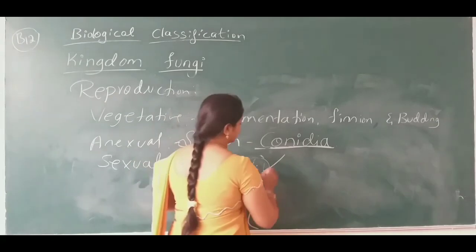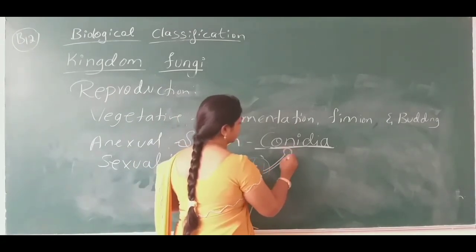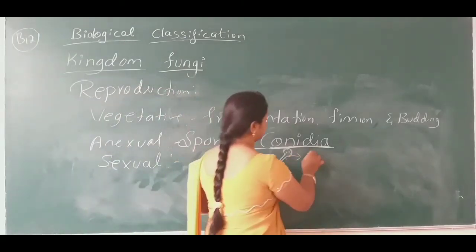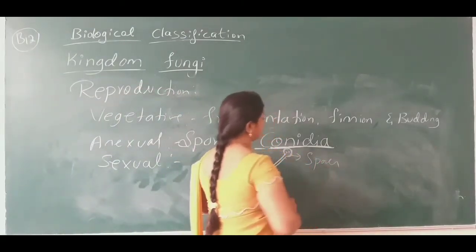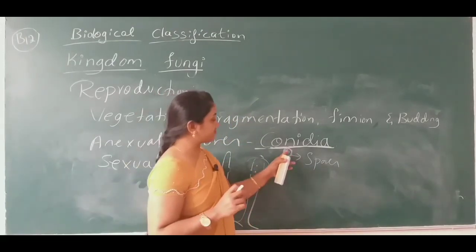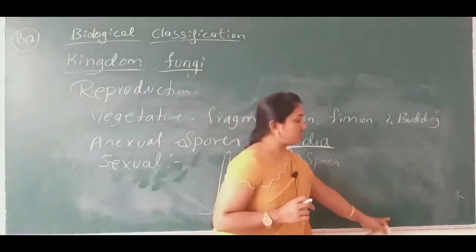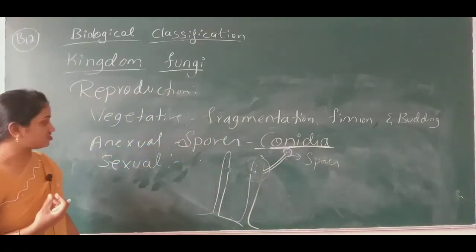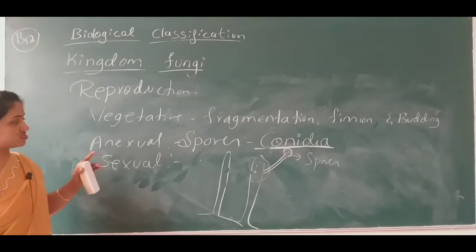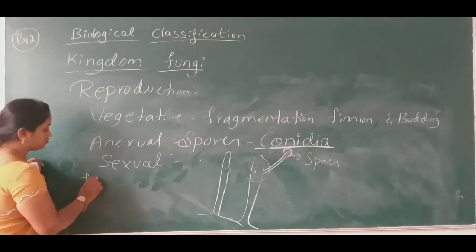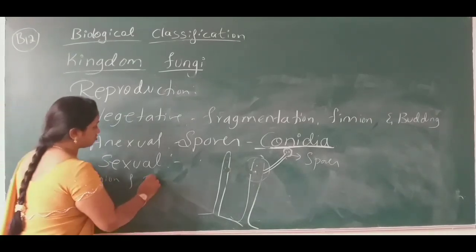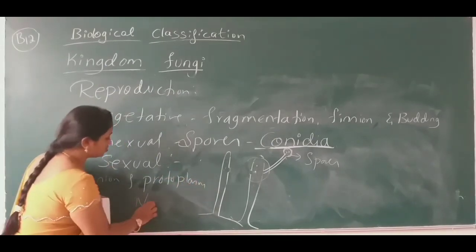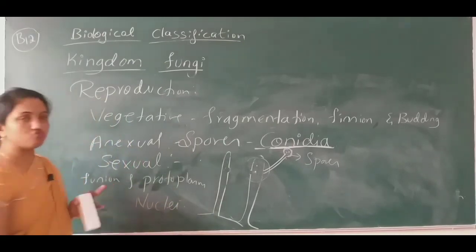This diploid structure forms a fruiting body. From the fruiting body it gives rise to spores, and when those spores are released from the fruiting body, they germinate into a new fungi structure. So sexual mode of reproduction is by means of fusion of protoplasm and fusion of nuclei of two hyphae.